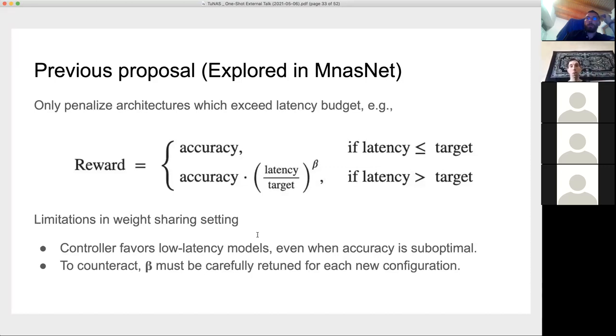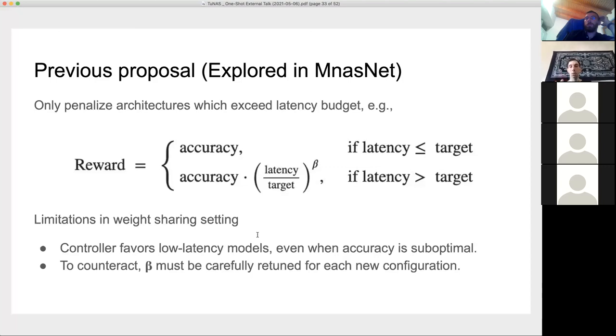But if a model's latency is above our target, then we penalize the model depending on how far above the target it is. So if the algorithm is consistently selecting architectures which are above the target, then we'll encourage it to reduce the inference time until it meets the target. But if it's below the target, then we don't explicitly encourage it to reduce the latency any further.